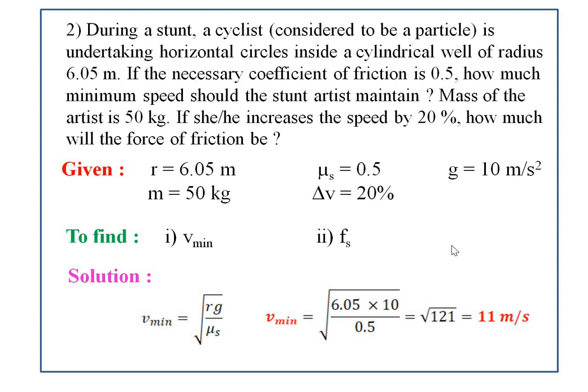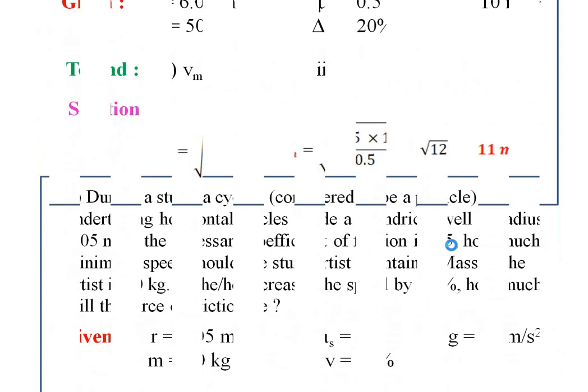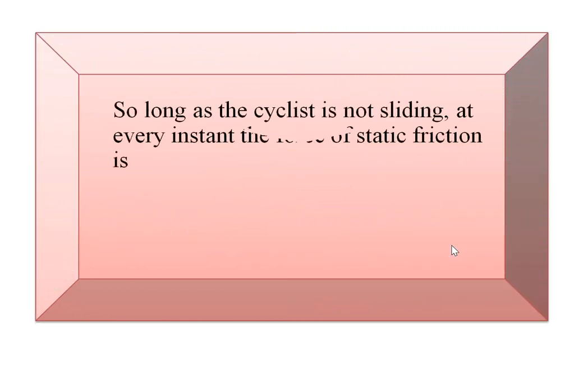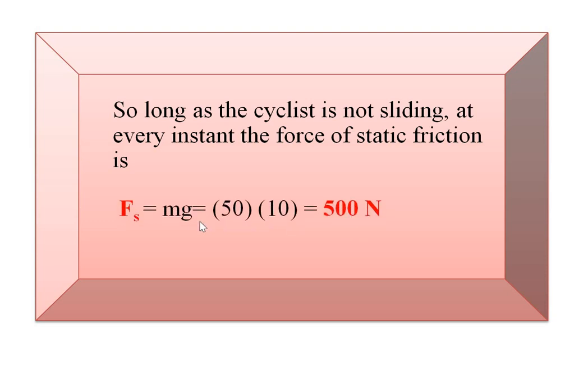So let's see the force of friction next. So long as the cyclist is not sliding, at every instant the force of static friction balances the weight, so the formula is F s equals mass into acceleration due to gravity.